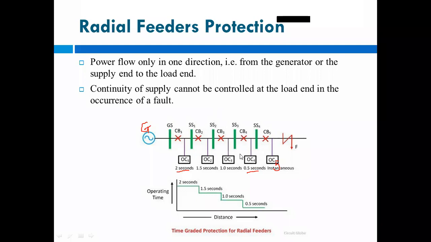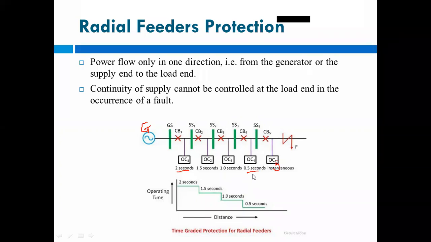Now here a time graded protection is used. Time graded protection means what? Actually, what happens when any fault occurs in the system? That fault is first sensed by the relay.